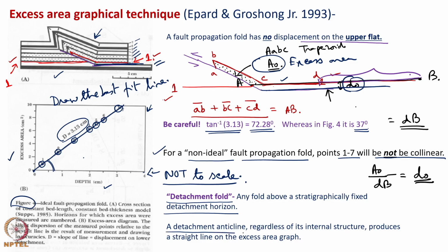Now, a detachment anticline, in this case, yes, it is a kink fold and also a detachment anticline regardless of its internal structure. The internal structures are again folds, but of dissimilar geometries. They are not of exactly similar geometry. Even if they are of various geometries, they can be of various internal structures, a straight line is produced on the excess area graph such as this.